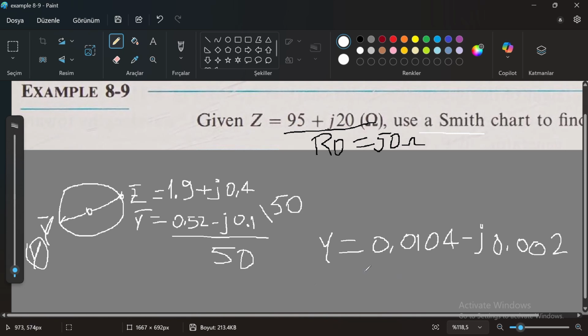This is the admittance, but we can say 10.4 minus j2 milli siemens.